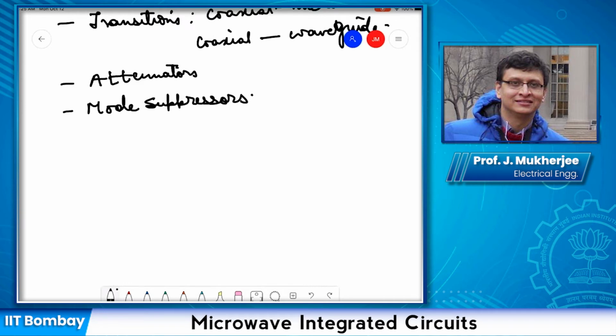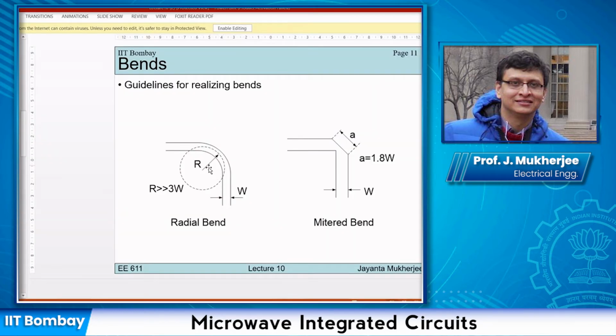So first, let us consider a bend. For this, I'll go to my slides. Consider these two. These are the two types of bend that are commonly used. First is the radial bend, and the second is the mitered bend.